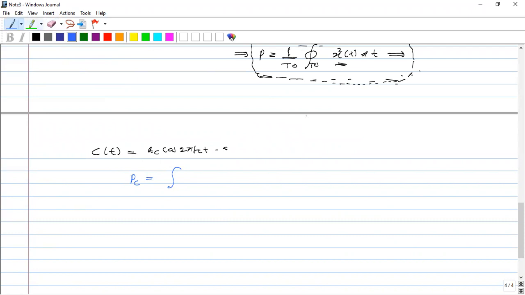If I write the cos signal, it will look like this.